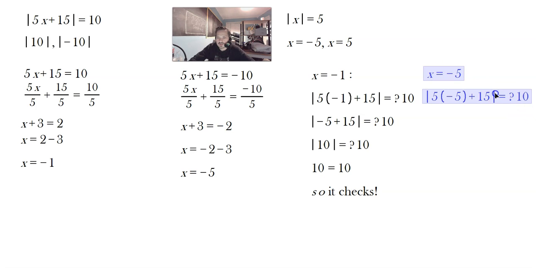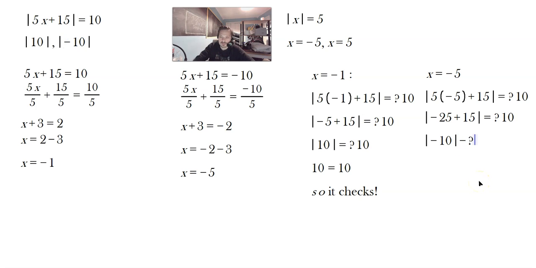This is negative 25 plus 15. Well, take a look. Negative 25 plus 15 is negative 10. So it's not an accident, it's negative 10, you see? Does this equal positive 10? The absolute value of negative 10 is 10. So 10 equals 10. This is certainly true.